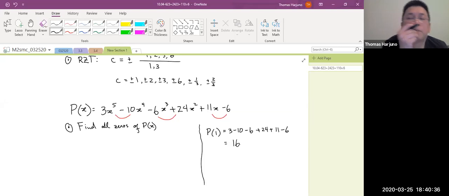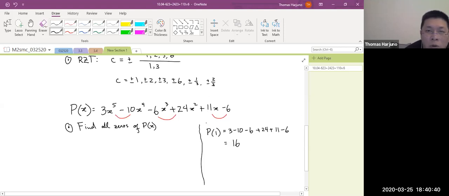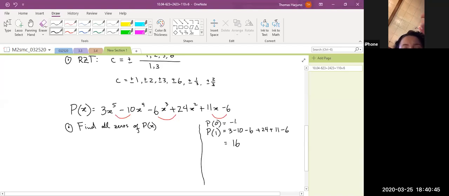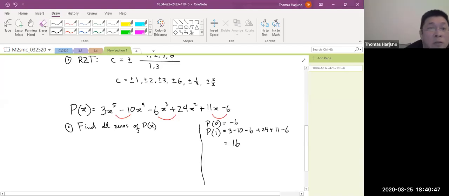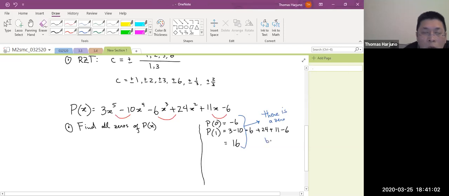Is it okay? Oh, by the way, that's something nice though, because I also know the y-intercept P(0) is -6. Do you notice that? Which means, according to the intermediate value theorem, there is at least a zero between 0 and 1.